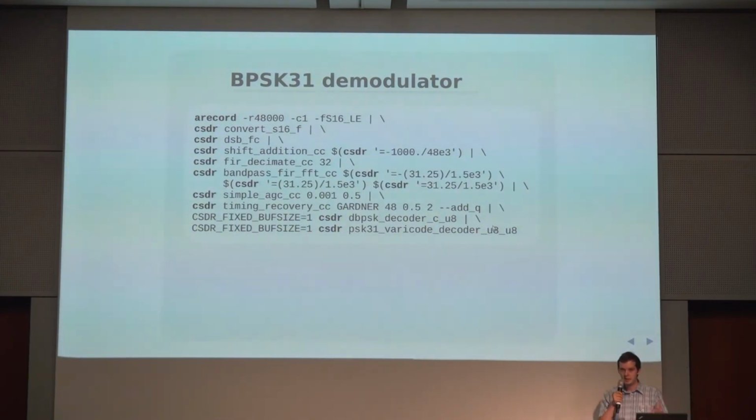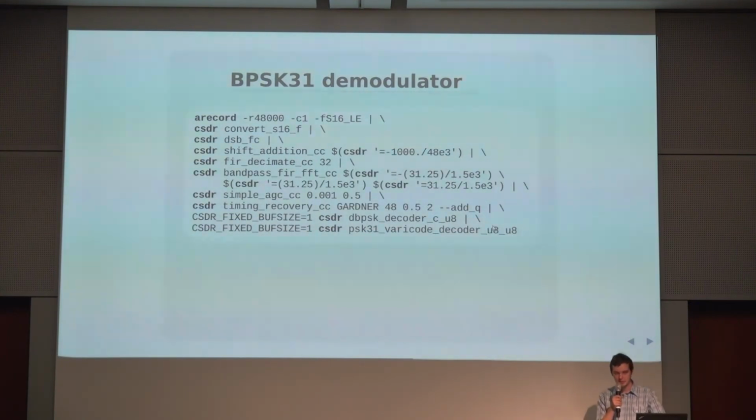This is the command. If you enter it into the terminal, then it will read from the sound card. And for example, you can try it with Fldigi on a radio signal, and then the output is written to the terminal. You can see the first 5 lines or so are the digital down converter. Then comes an AGC, the timing recovery, and the BPSK decoder, and the varicode decoder in the end.